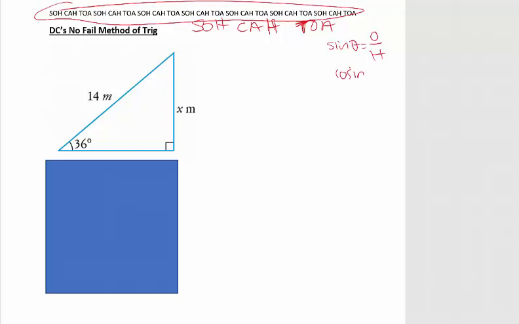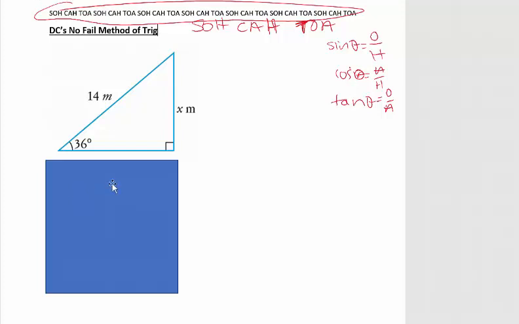Cosine theta equals adjacent over hypotenuse, hence so car and toa is tan theta equals opposite over adjacent. So you're going to do so many problems that hopefully will become second nature to you.